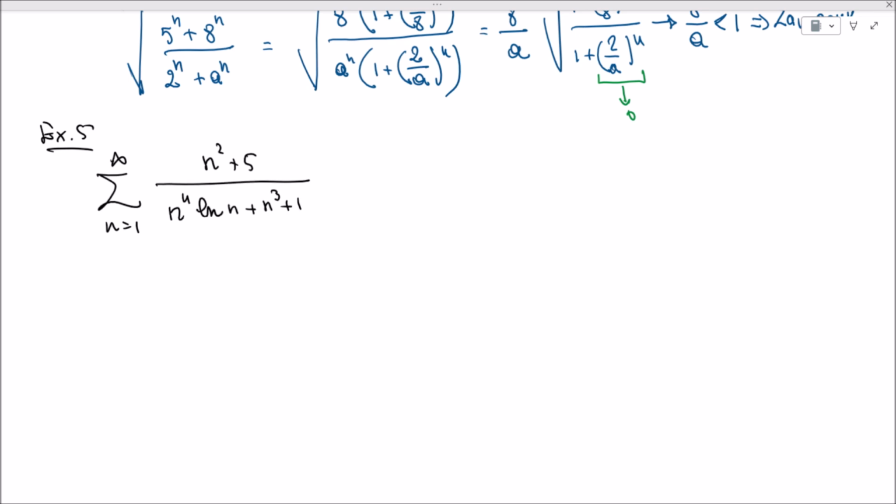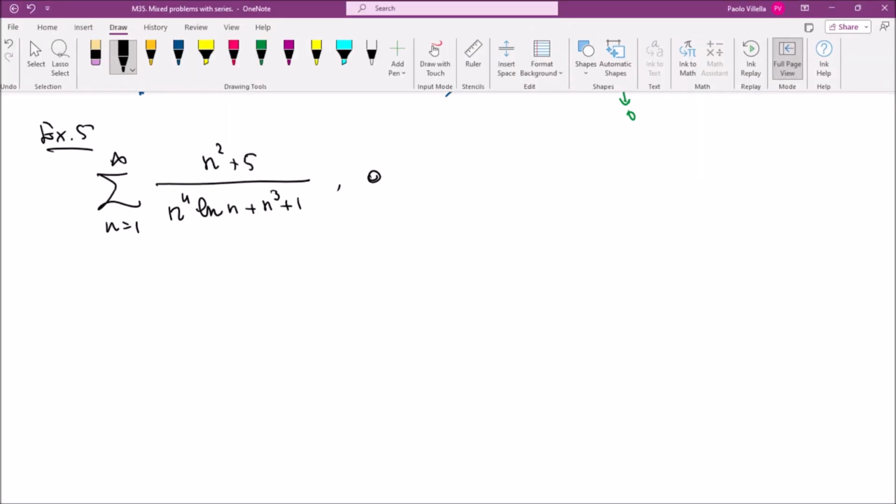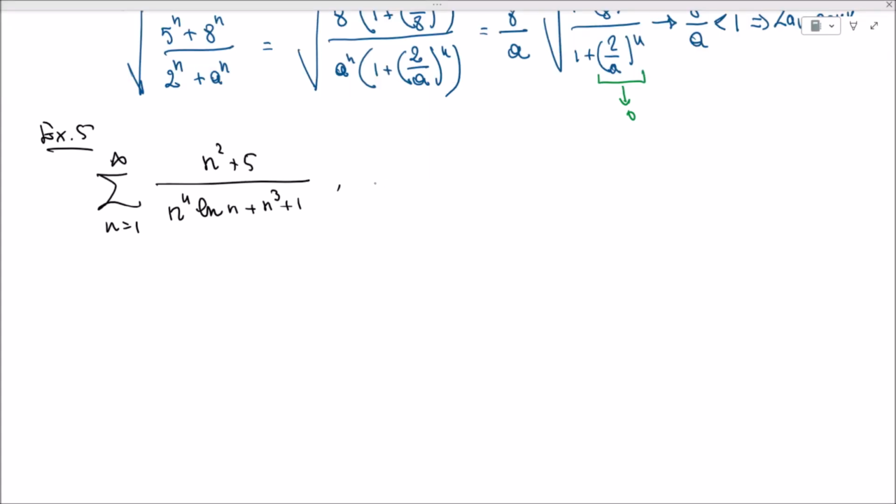Once again we see that we have the sequence an, which is clearly always positive. Notice that this sequence is always positive as long as n is larger than 1.